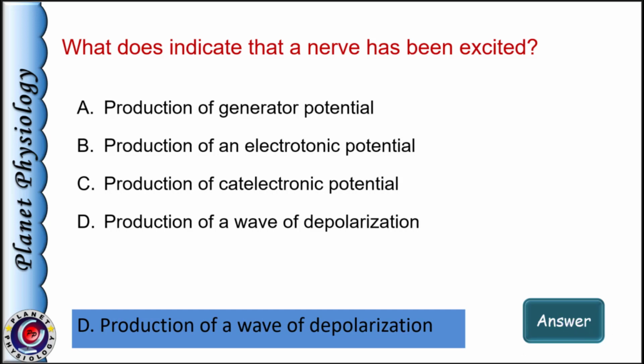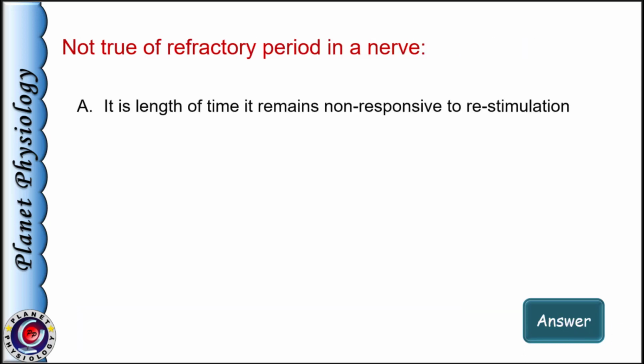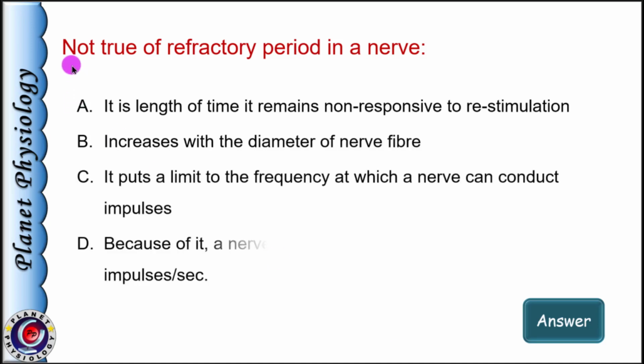Next MCQ. Not true of refractory period in a nerve. Now here the question is not true. So the statement which is incorrect regarding the refractory period should be the answer. Option A. It is the length of time a nerve remains non-responsive to re-stimulation.